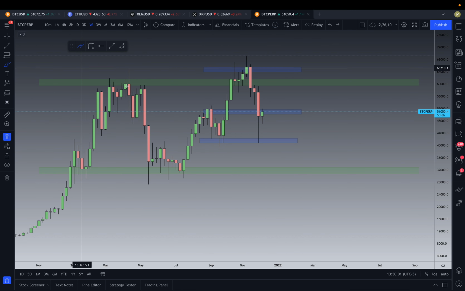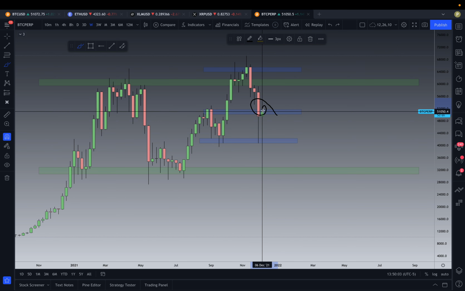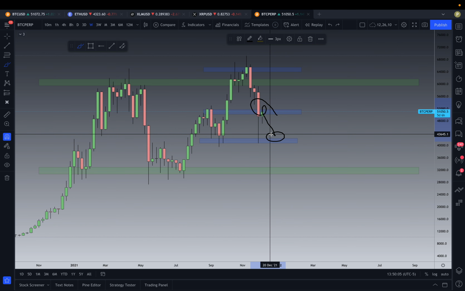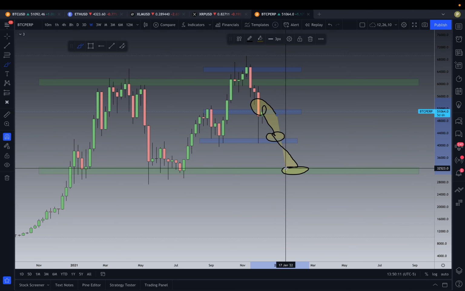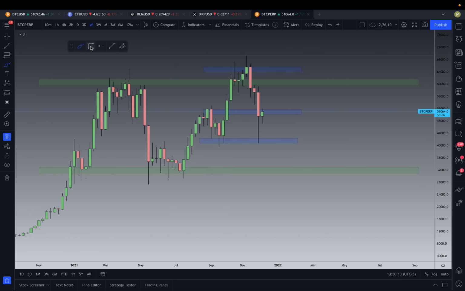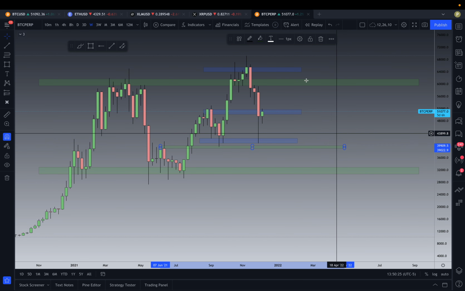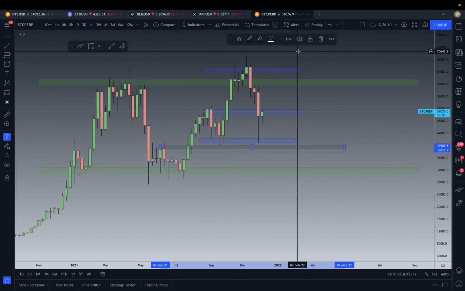Okay, so if we fail up here and we break here, then we see where the next possible levels are. It could go right back down to 32,000. Or see this little level here, and see how it's interacted here a little bit. See that green and then the red candle. I'd go for that on a lower time frame scale.